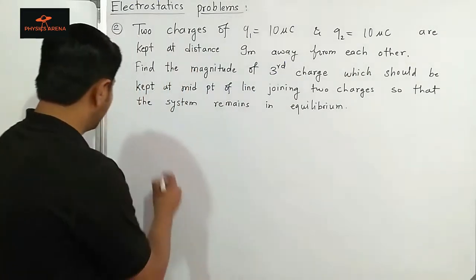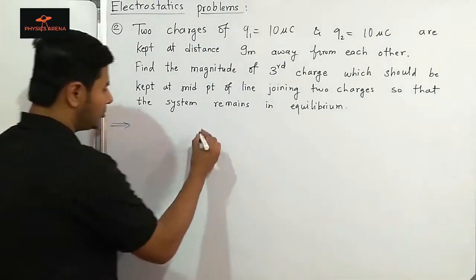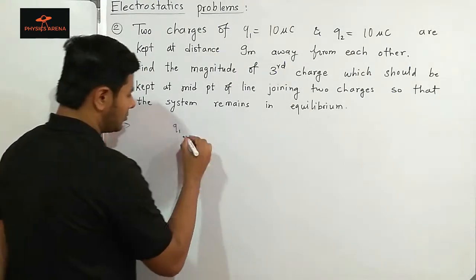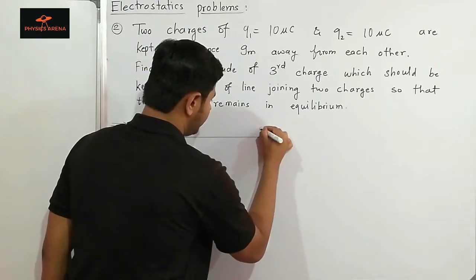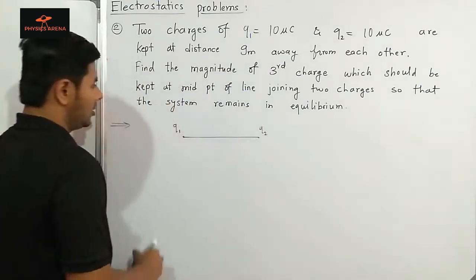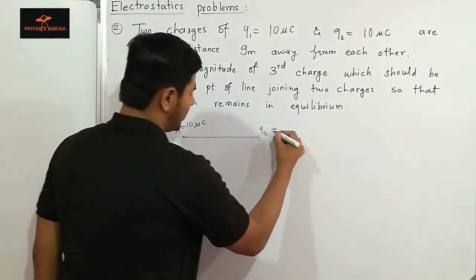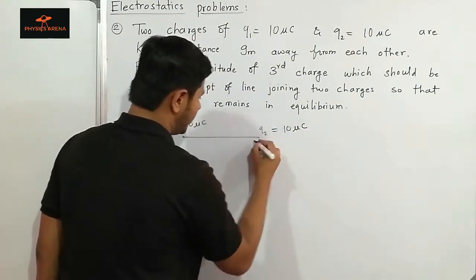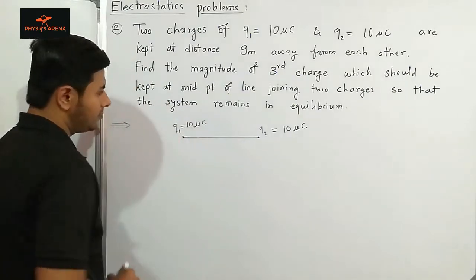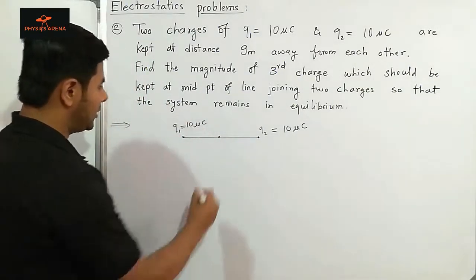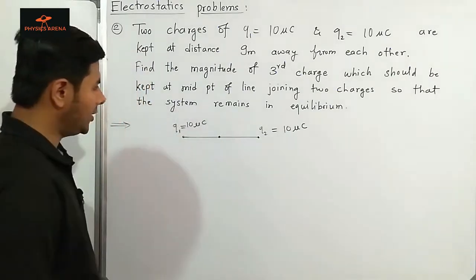Okay, so we have again two charges Q1 and Q2. Both of them are 10 microcoulombs each, and we have to keep some charge here at the midpoint.